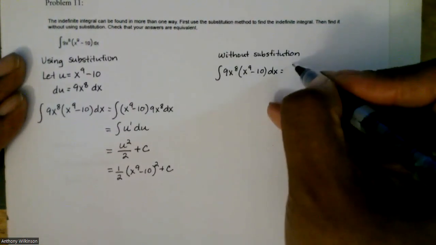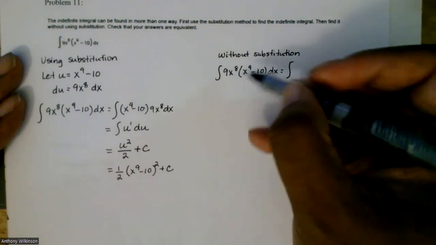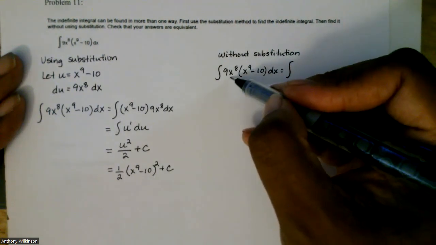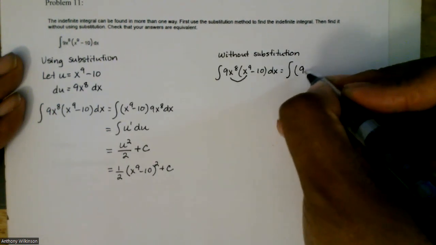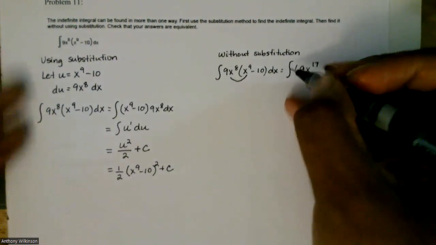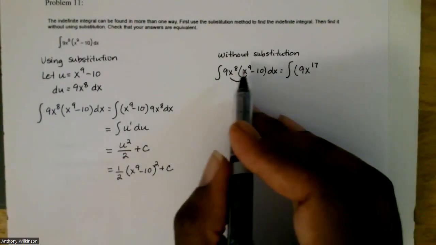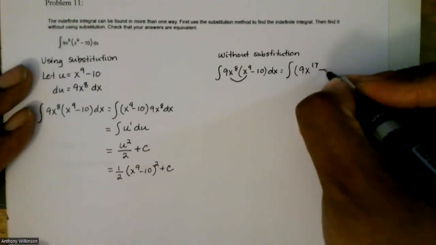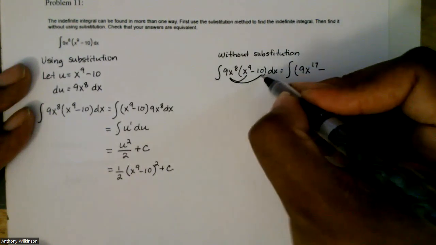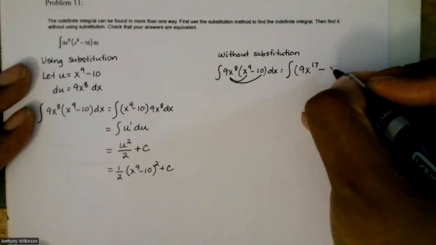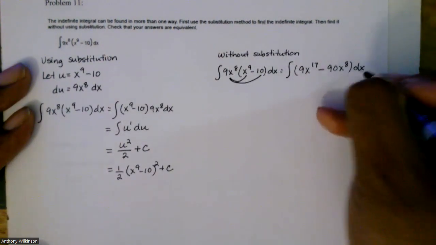If I distribute that 9x to the 8th over the x to the 9th minus 10, this is what I have. 9x to the 8th times x to the 9th would be 9x to the 17th power. Again, I'm multiplying powers of the same base, so I add my exponents here. And then minus, 9x to the 8th times 10 times the minus 10 would be minus 90x to the 8th, times dx.